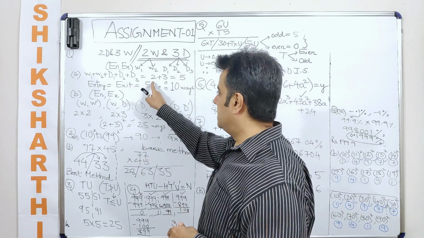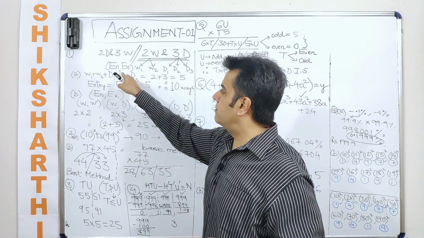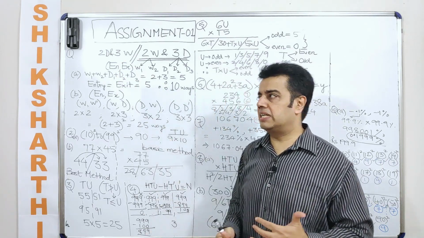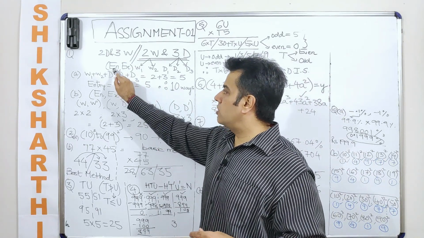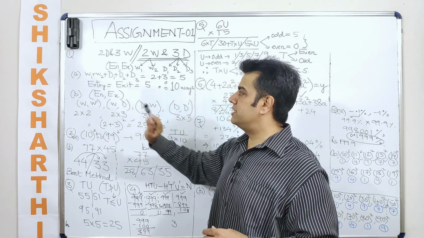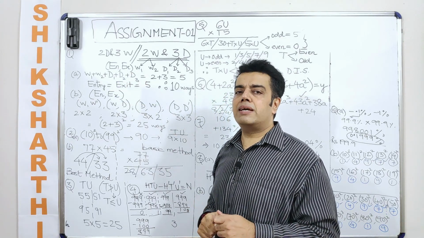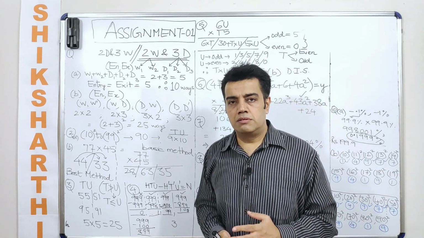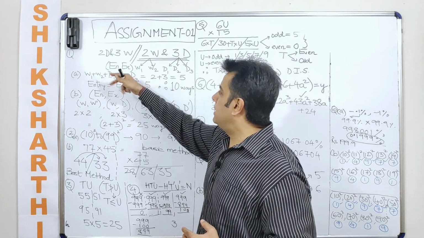If I talk about the basic way of attempting the question, we can divide this question in 2 ways, as we discussed earlier. So the basic way here is, let us talk about entry or exit. If I talk about entry, how many points?